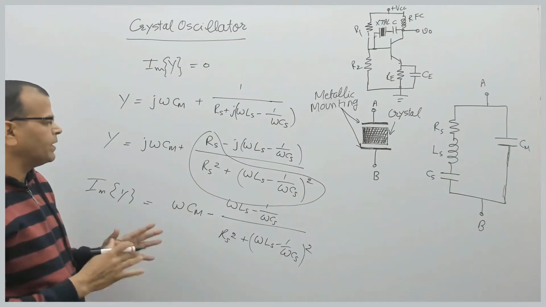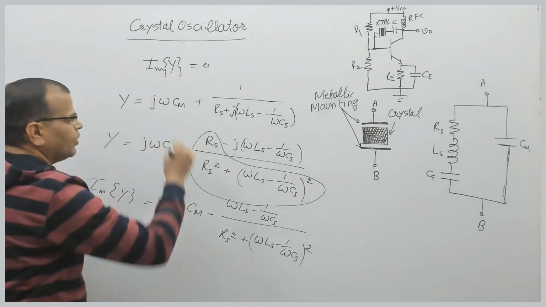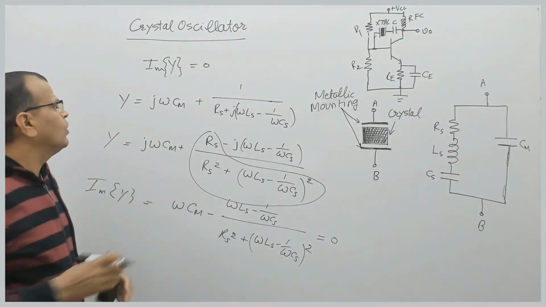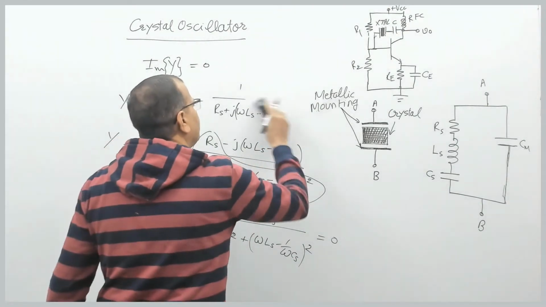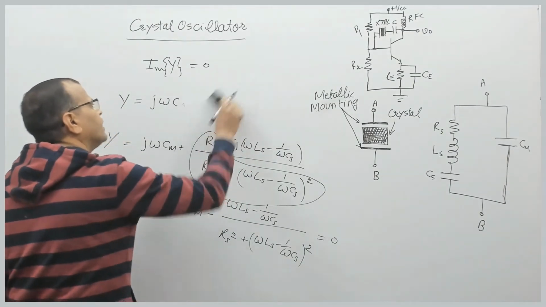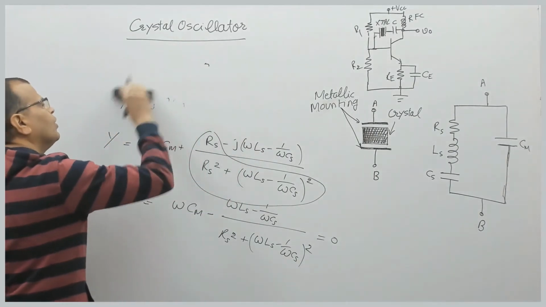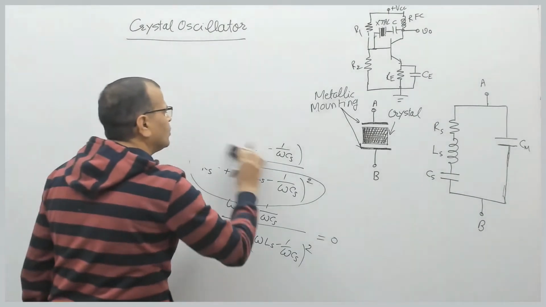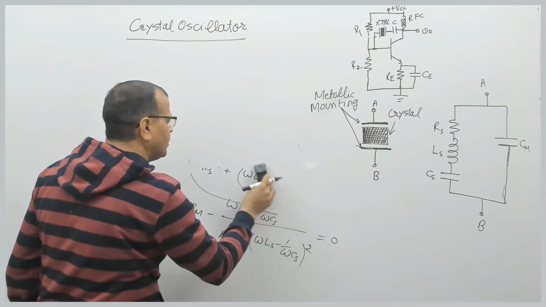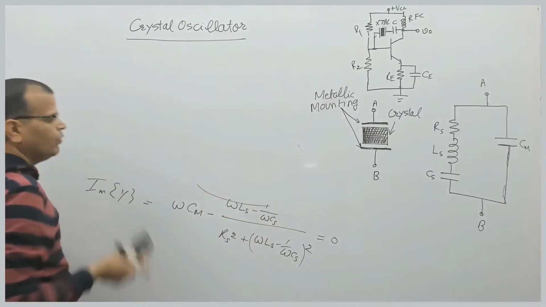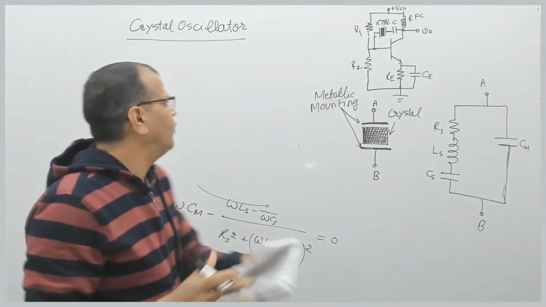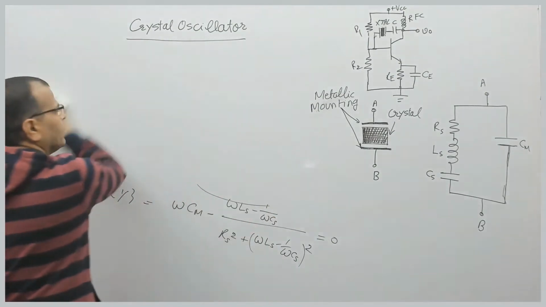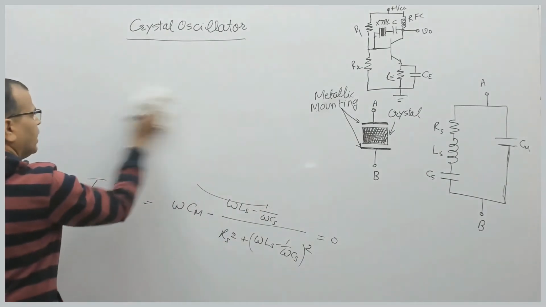So I have separated the imaginary part, and for sustained oscillation this is equal to 0. Fine. So by putting the imaginary part of the admittance to 0, we can get the frequency of oscillations of the given quartz crystal, right? So let us derive the expression of frequency of oscillation of the quartz crystal.